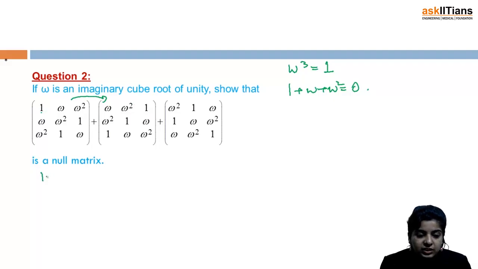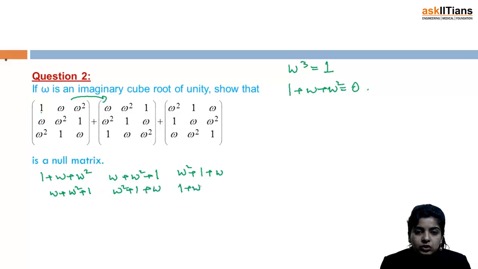So what do I do? I just add the corresponding elements. I have 1 plus omega square. Then I have omega plus omega square plus 1. Then I have omega square plus 1 plus omega. Second row states omega plus omega square plus 1, omega square plus 1 plus omega, and 1 plus omega square.